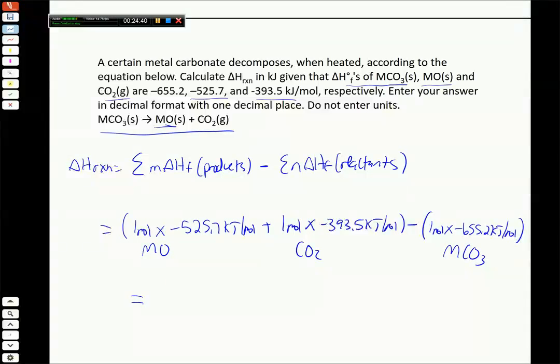So what I got for this was minus 264 kilojoules. Okay, so it's just using that equation directly, no tricks to this one. Everything is in the correct units already, kilojoules, and we just have to multiply by the coefficients, which are 1 in each case, and then subtract.